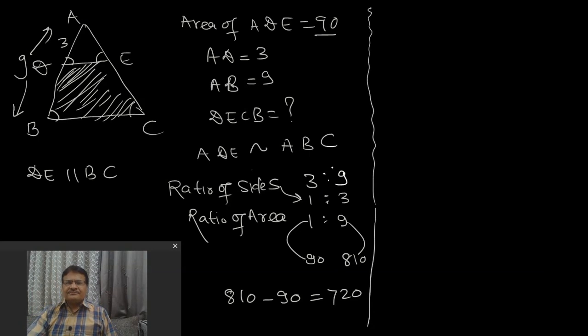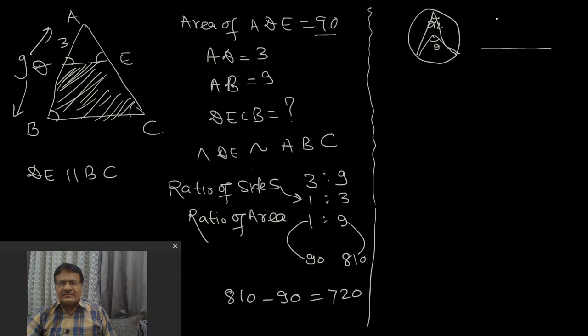Some more things related to circles I would like to share with you. Please try to understand the things. This is a circle. As I told you, if this angle is theta, then this angle is half of that, theta by 2. Is that clear? Suppose this is a circle and this is the diameter.